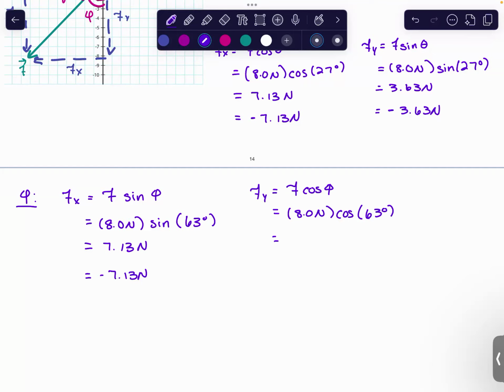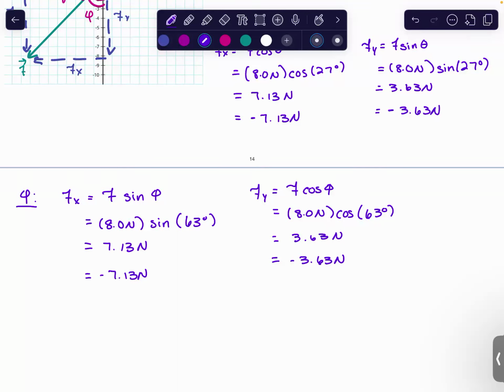And then when you calculate this, you get your 3.63 again. Adjust it to negative because it's in the third quadrant. Once we get through vectors, we'll get through material a little bit faster, but this just requires a lot of writing.